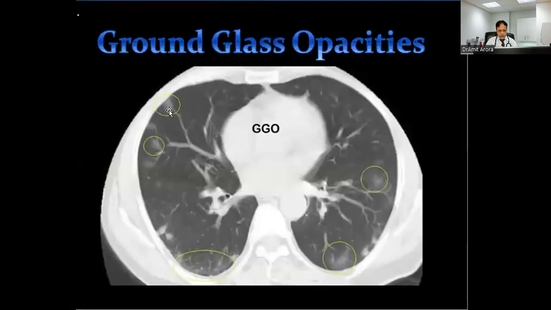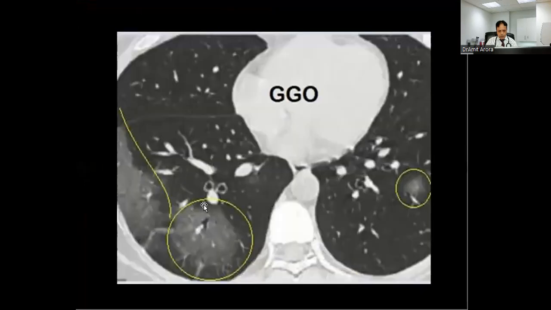Look here, this grayish pattern, grayish patches. These are the ground glass opacity. Look here, more well appreciated, a large grayish pattern, but you can see across this. You can see blood vessels beneath this. These are the ground glass opacity.